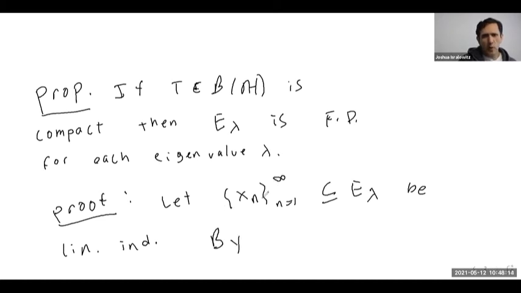If it's not orthonormal, apply Gram-Schmidt, and we have an orthonormal sequence in E lambda. And if you're wondering, this is the same Schmidt as the Hilbert-Schmidt name.